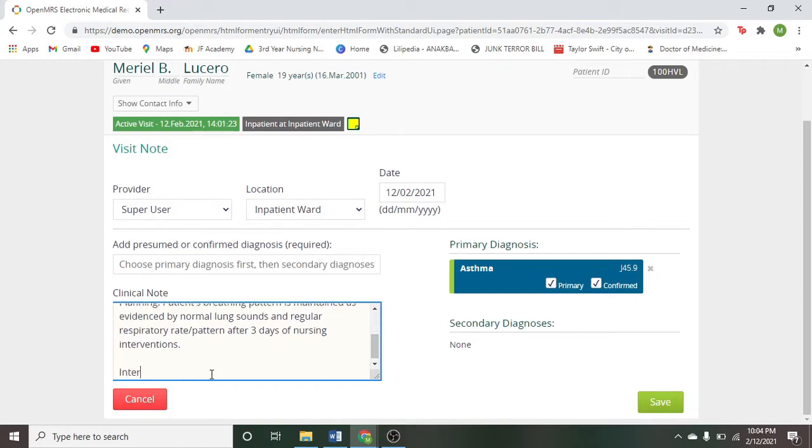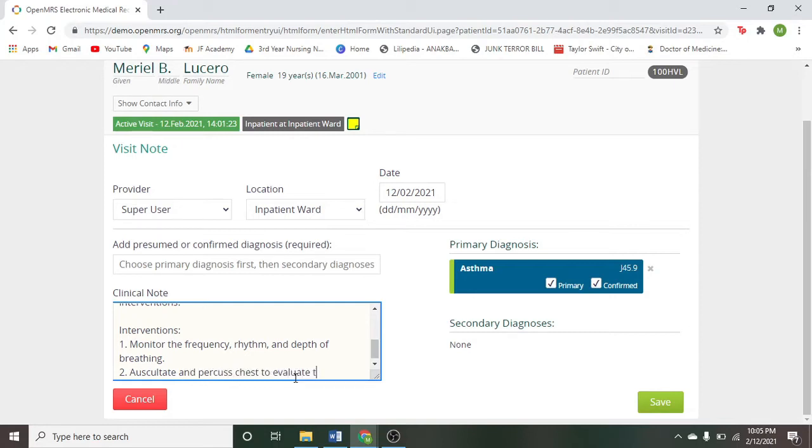For the interventions, we have to monitor the frequency, rhythm, and depth of breathing. Second is to auscultate and percuss the chest to evaluate the presence and characteristics of breath sounds and secretions.